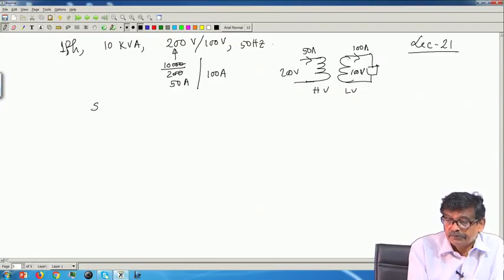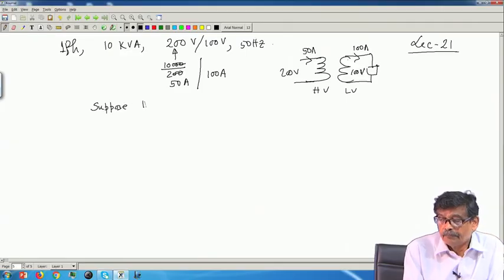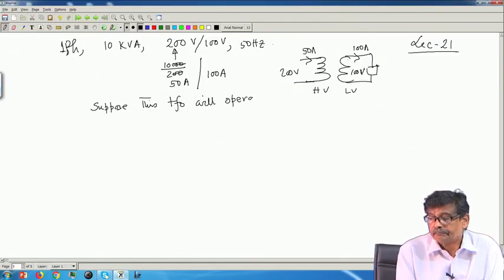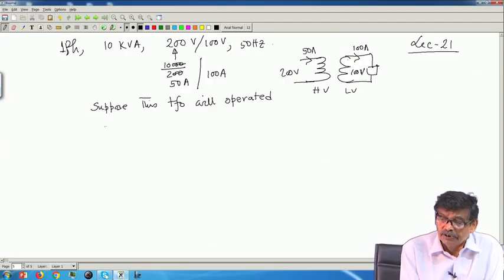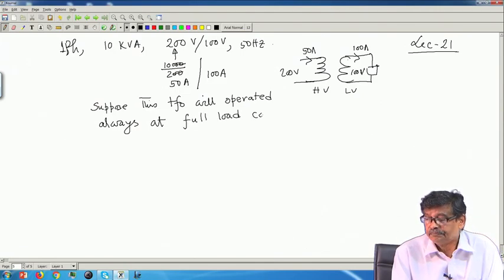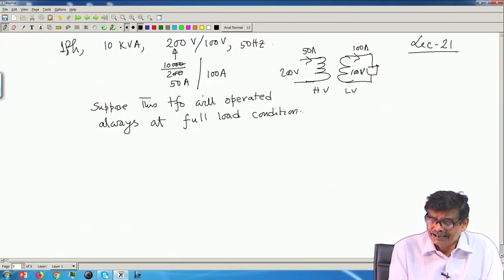Suppose this transformer will be operated always at full load condition. And that is what is expected.